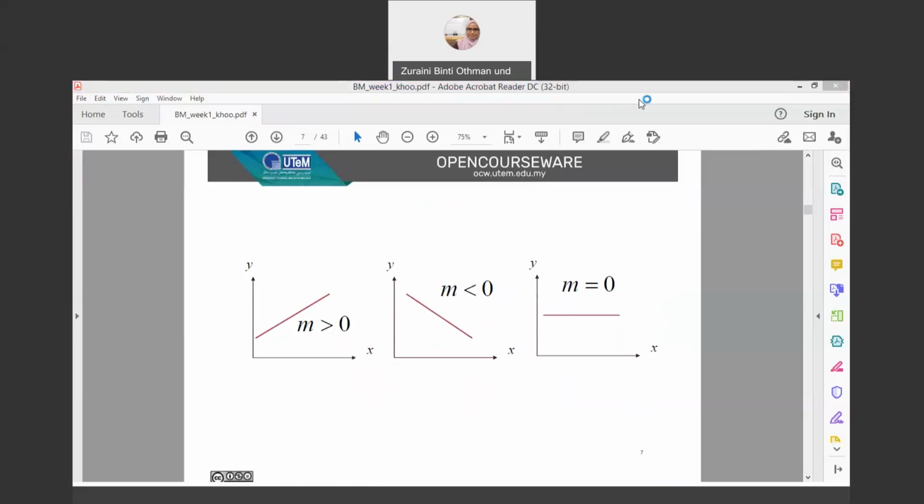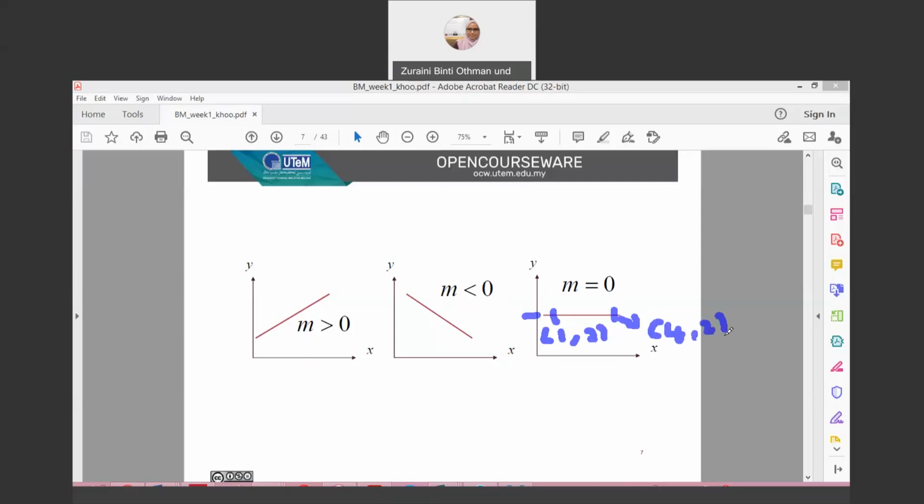For example, if we choose two points here on this straight line, the value of y is the same for these two points. For example, the value of x here is 1, and for this point the value of x is 4, both with y equal to 2.